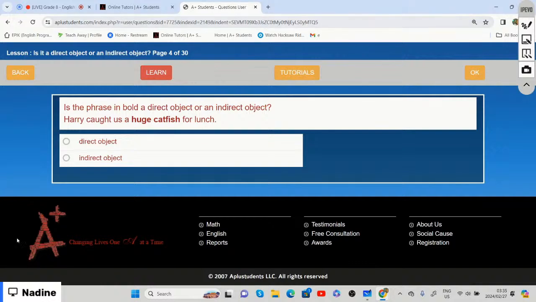All right. So Harry caught us a huge fish for lunch. So what did Harry catch us for lunch? Harry caught us a huge catfish for lunch.